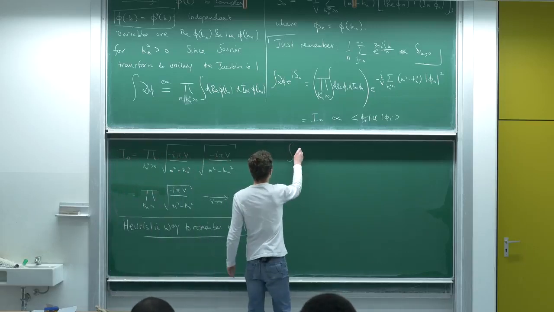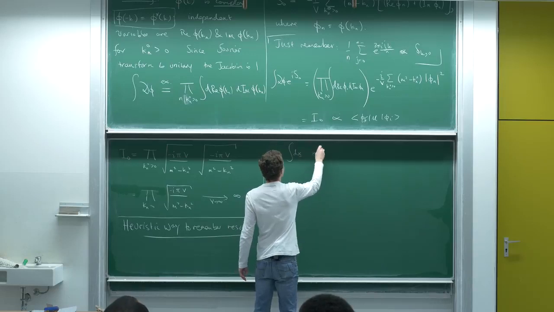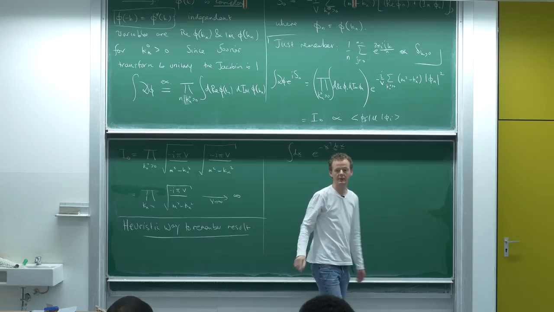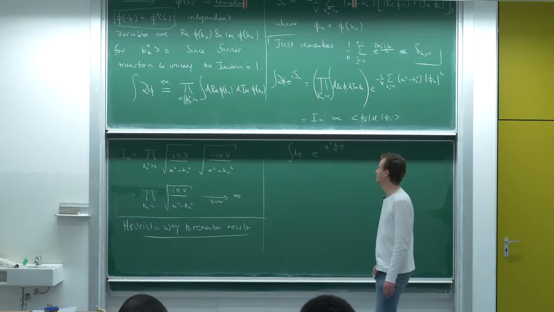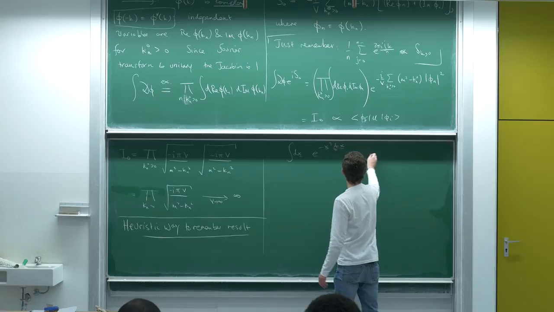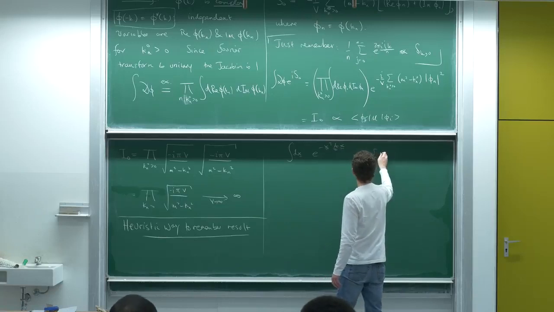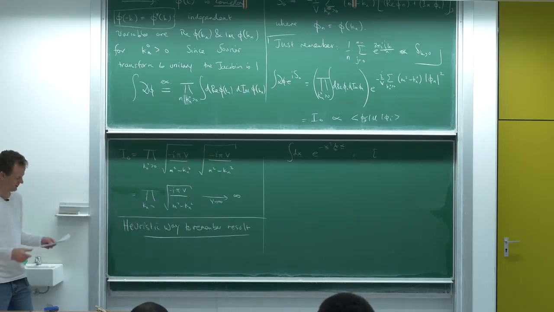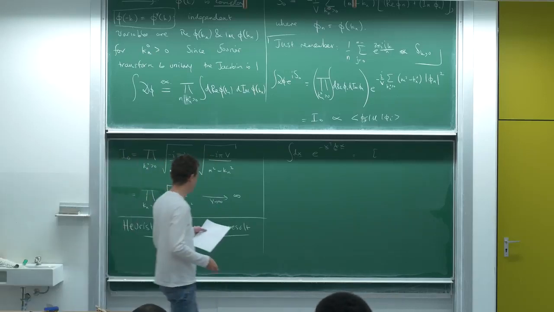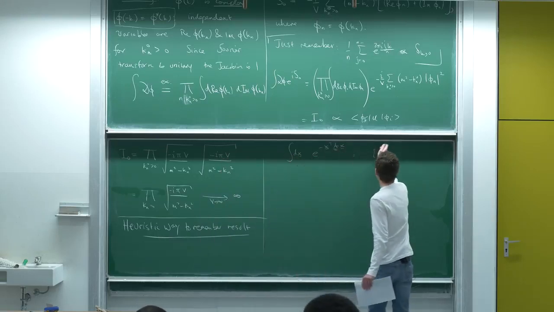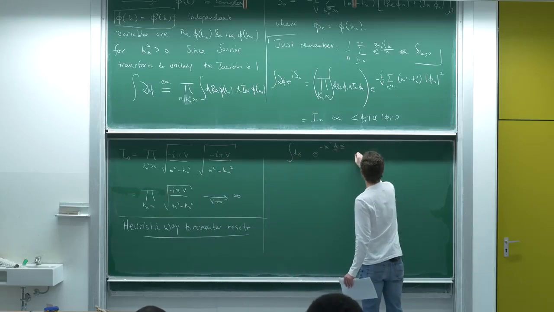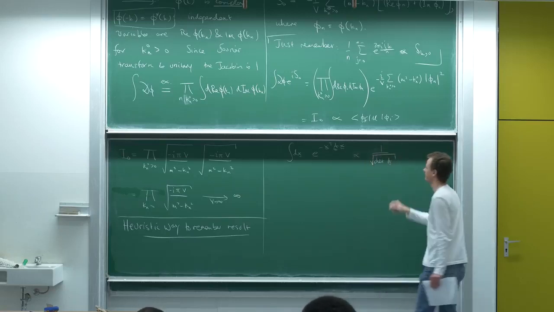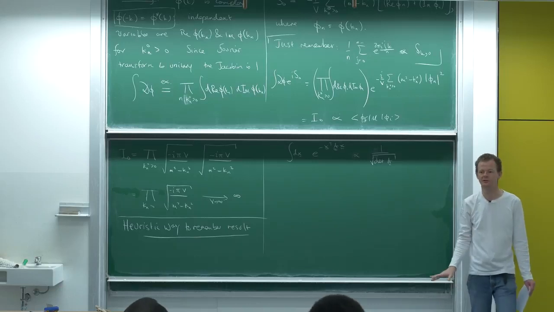Well, one thing that you should remember from the previous lectures is that this Gaussian integral here evaluates to the inverse square root of the determinant of A. This should be familiar to you by now.